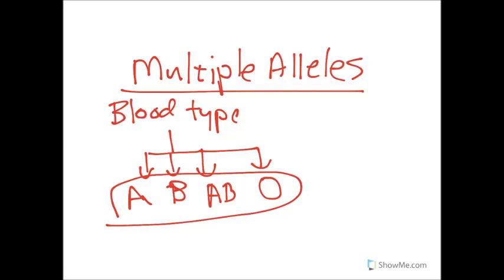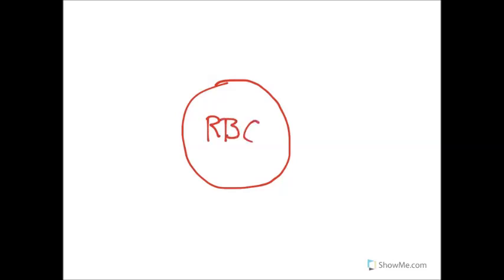Now, blood types are determined by a couple factors. So if we imagine that in blood type we have a red blood cell, RBC, and on the red blood cell there are various chemicals, some carbohydrates that are on the cell surface of a red blood cell, and these molecules are called antigens. And an antigen is anything that causes an immune response.